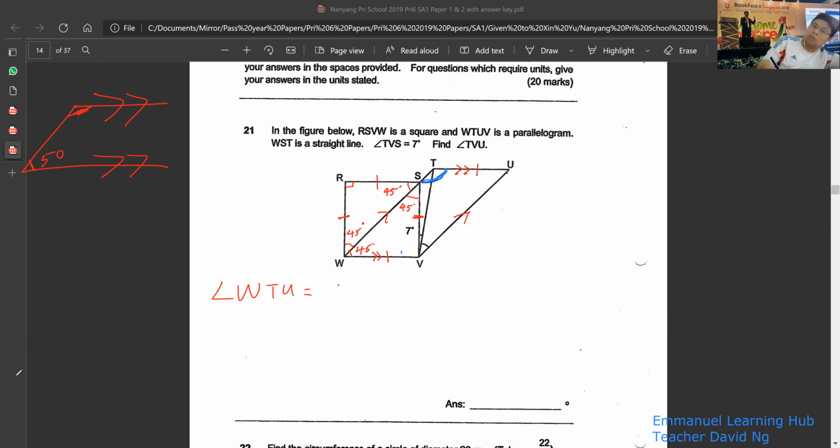What is this angle? 130. You know how to find it. Now it's the application. How to find this angle?